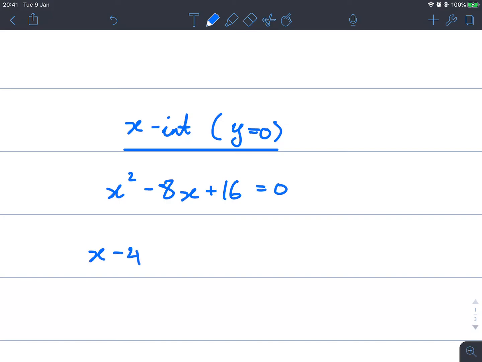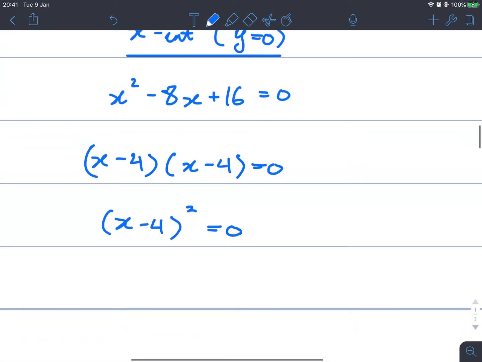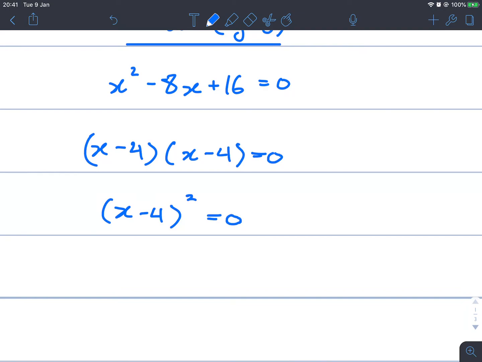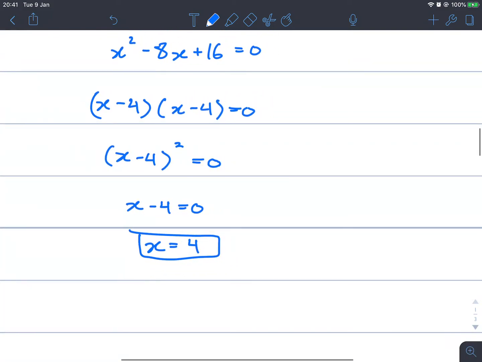I'm getting negative 4 and negative 4. I can simplify this further, equaling (x minus 4) squared equaling 0. Solving this, we take the square root of both sides, and moving the value of 4 to the other side, we get x equals positive 4. So in this scenario, we only have one x-intercept at 4, 0.